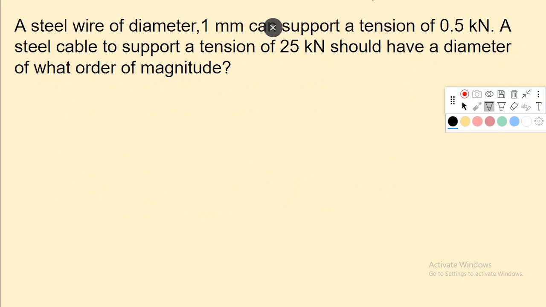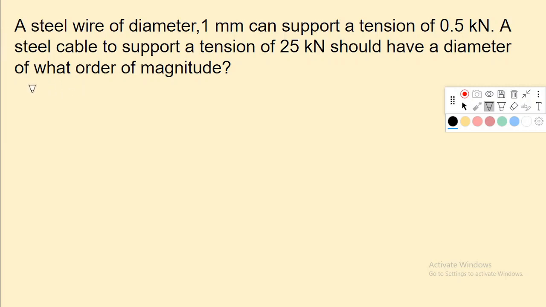Okay, the next one. Here we are asked to find the diameter of the second steel wire to support the tension of 25 kilonewton with the same extension.